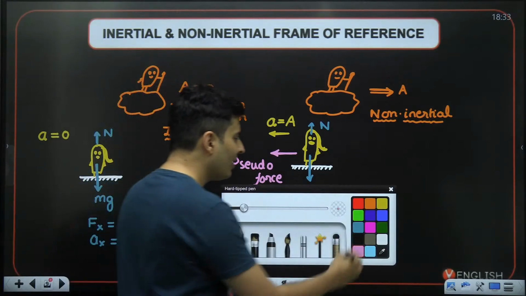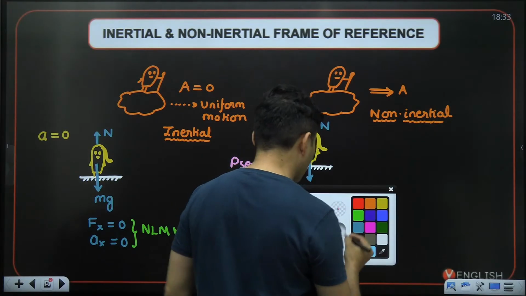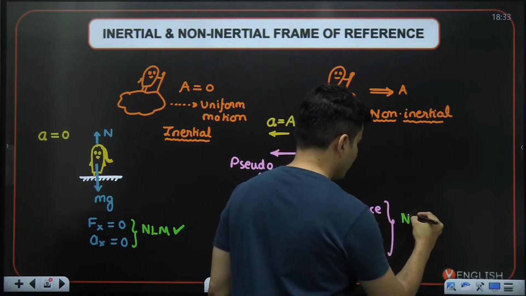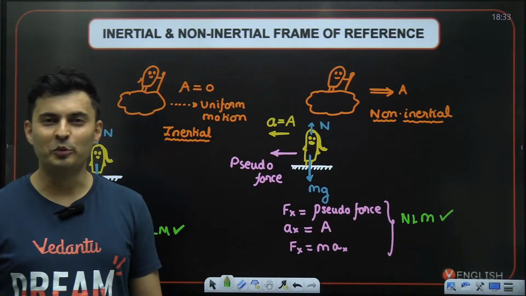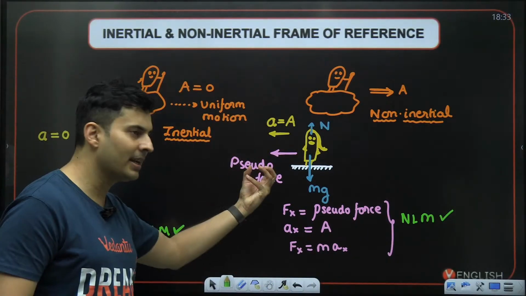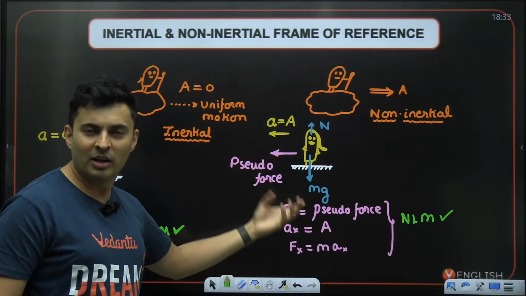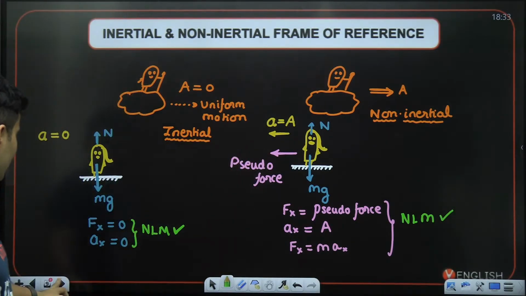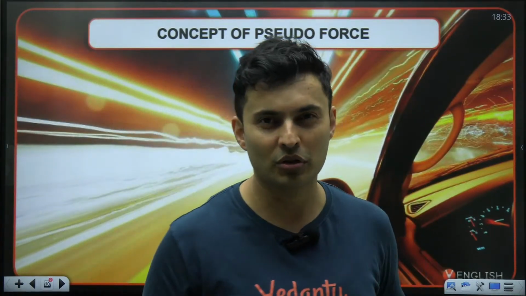Oh, so now, suddenly, under this circumstance, I am able to see that Newton's law of motion is valid, by incorporating an unreal, not true, fake force called the pseudo force. So that is the concept of pseudo force, how it was introduced.